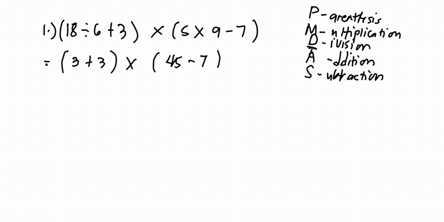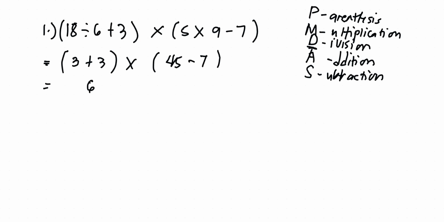So they are still inside the parentheses, so we have to solve first the problem inside the groupings before doing the multiplication. So what is 3 plus 3? And that is 6.